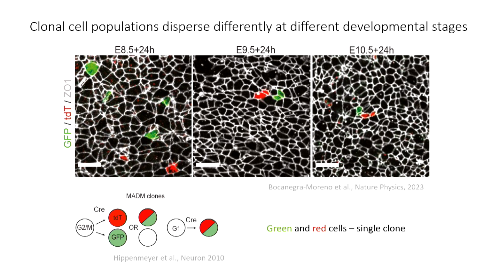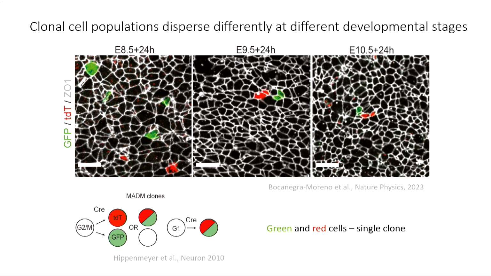If you want to know more about the technique, it's here. In principle, when the mother cell divides, the cells are either green or red. So every green and red cell comes from a single clone. It's not like green is another clone and red is another. They come from the same mother cell. You don't see the mother cell, it got divided.